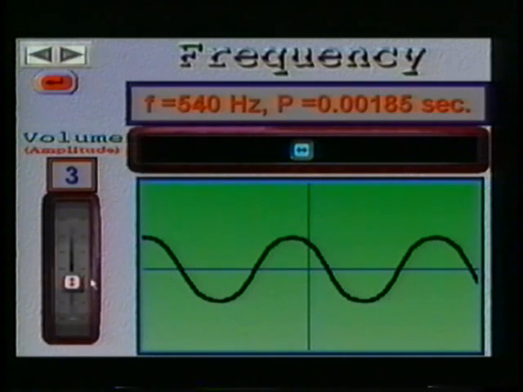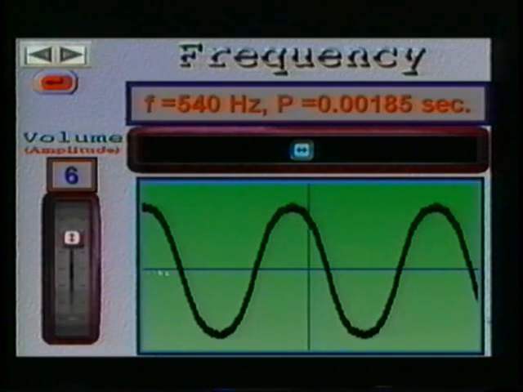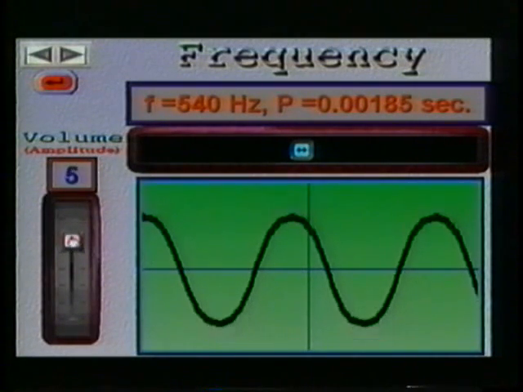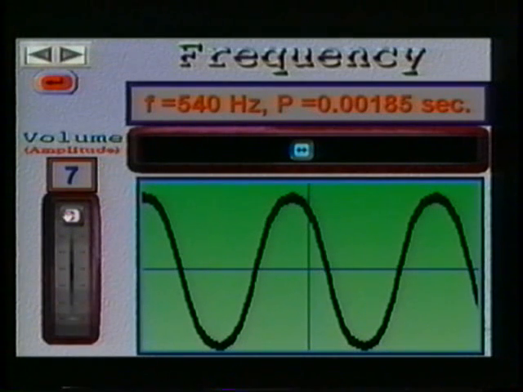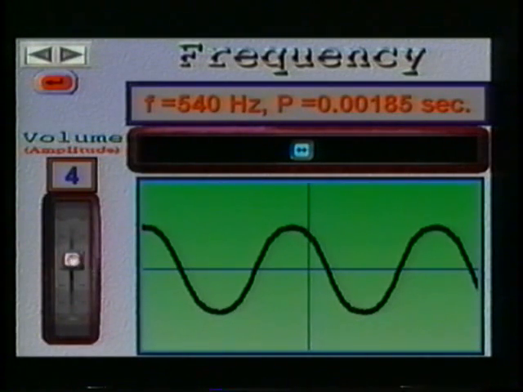Let's look at the amplitude of this graph. See how high it is. I'm going to make it a little bit higher and see if you can hear the difference. It's a little bit louder. It's even louder. Now the pitch hasn't changed, but it's louder. And what happens is, as the amplitude gets smaller, better turn it down, it gets quieter.